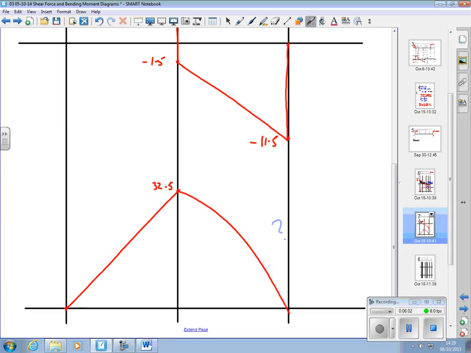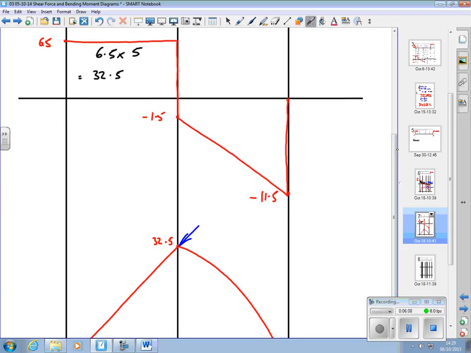I know what the moment is here, and incidentally, we've confirmed that the maximum moment coincides with where we cut the x-axis on the shear force diagram, as I mentioned earlier. So that gives us the point of maximum bending moment here. This is the value of the maximum bending moment, 32.5.